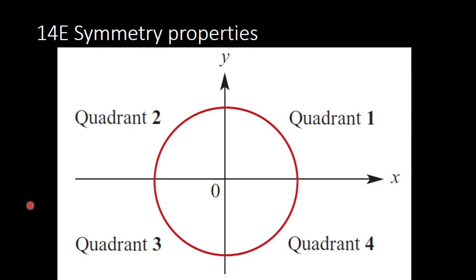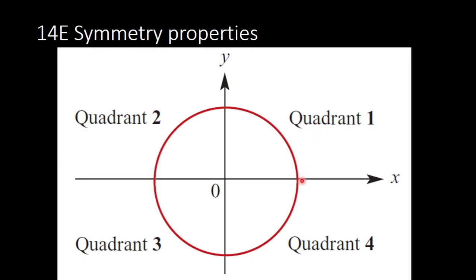We looked at how the ratios fit in any right angled triangle and bring that back to the unit circle. So here is the unit circle that will be split into 4 quadrants.